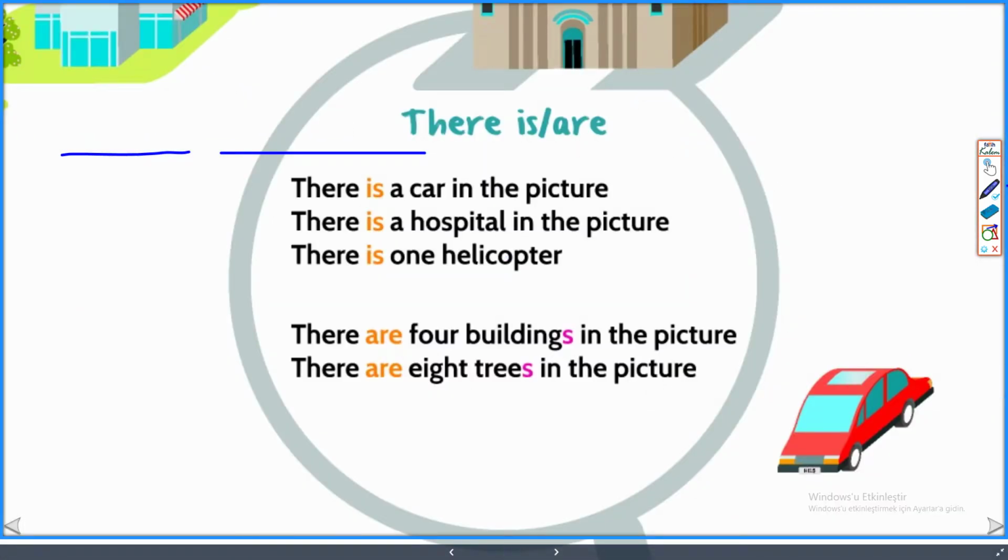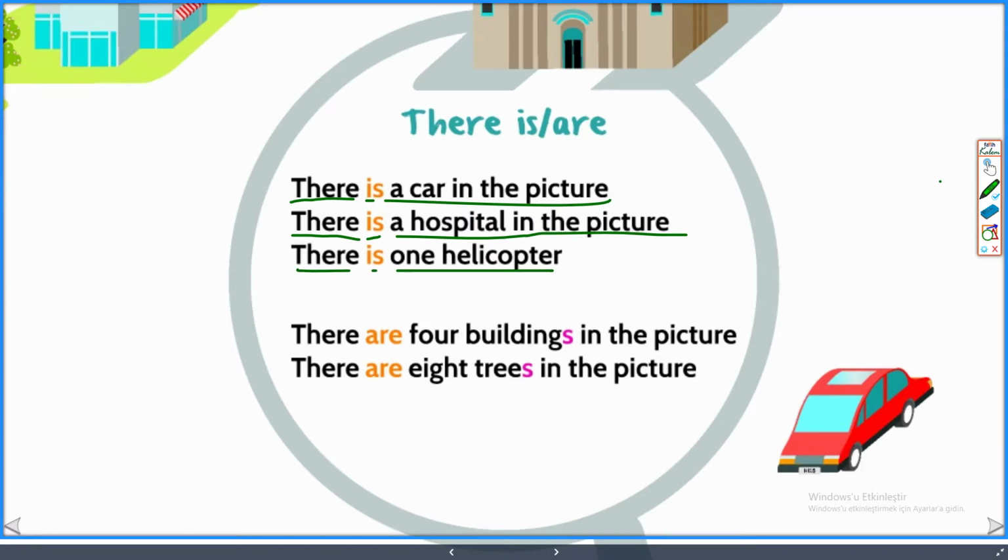For example, there is a car in the picture. There is a hospital in the picture. There is one helicopter.